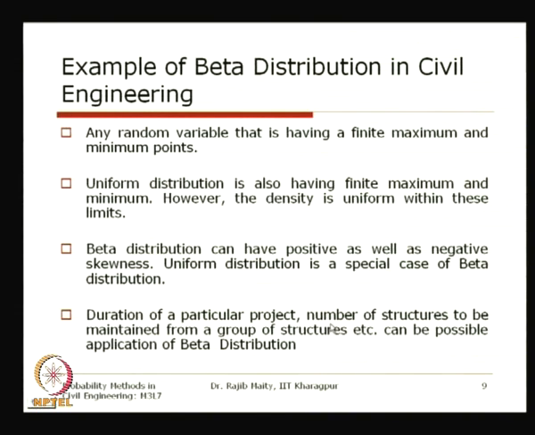Another example can be the number of structures to be maintained from a group of structures. Say in a project we have constructed 10 such structures in a region, and we need to know how many structures on average need to be repaired, that is, take up the budget in maintenance.